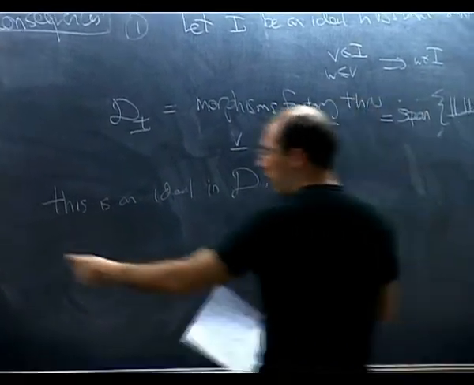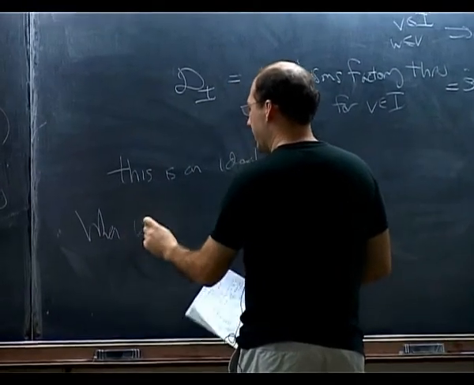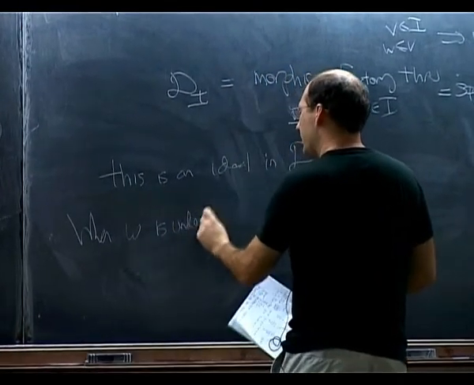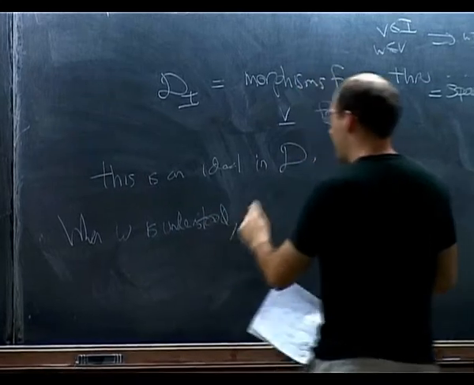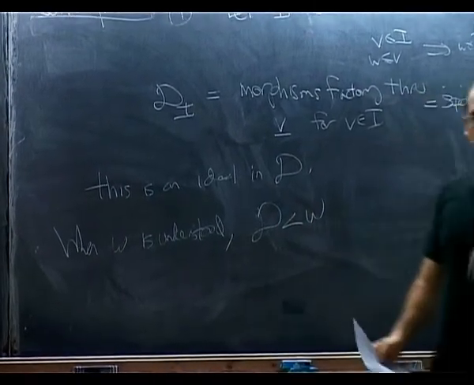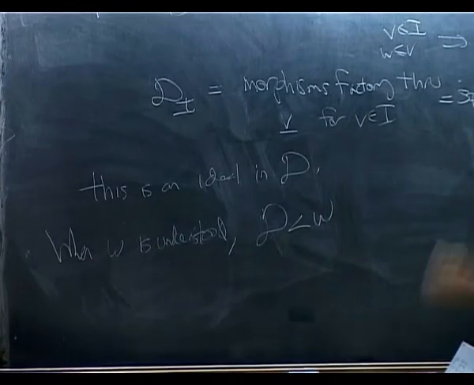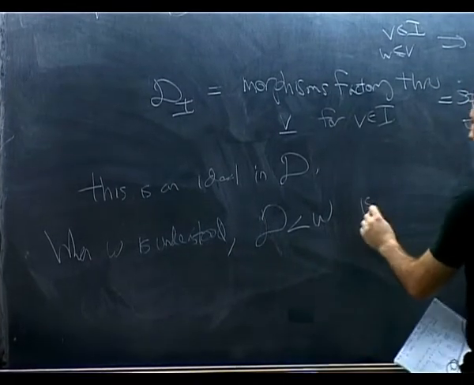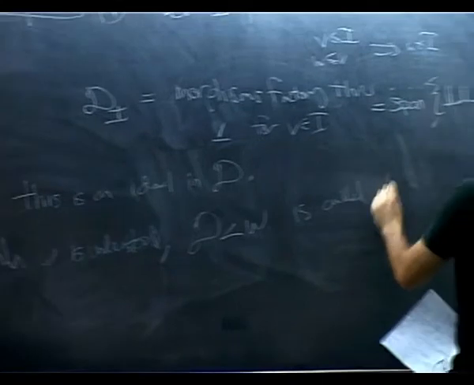Okay. So when W is understood, D less than W, all the things that factor through reduced expressions for elements less than W, is called lower terms.